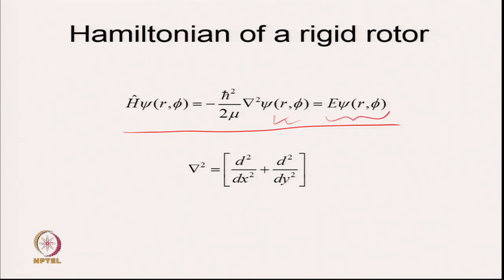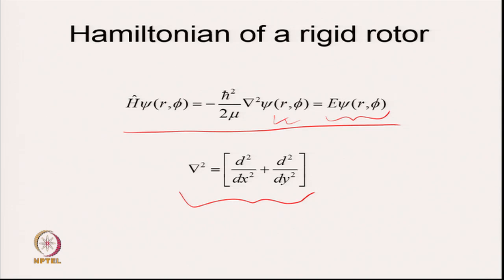Here del square is equal to d square by dx square plus d square by dy square. So, del square, basically the Laplacian operator, is equal to d square by dx square plus d square by dy square. We are talking about rotation in a plane, rotation in a two-dimensional plane.